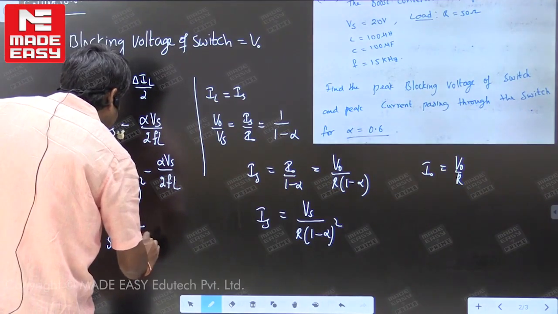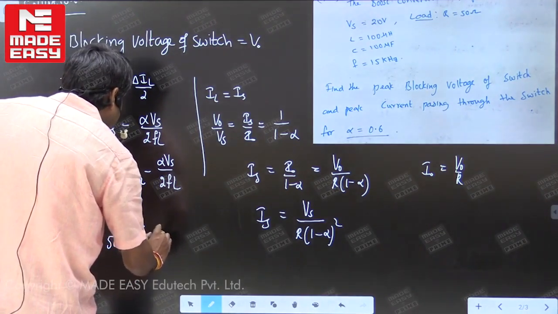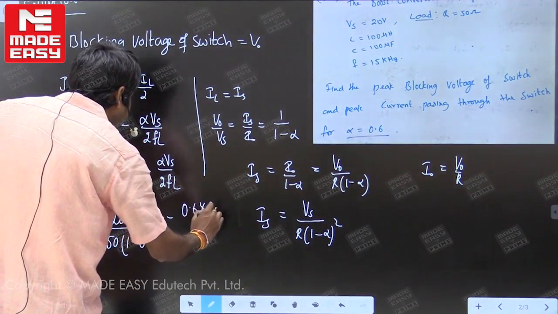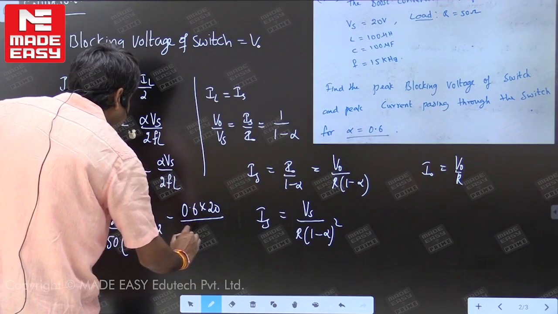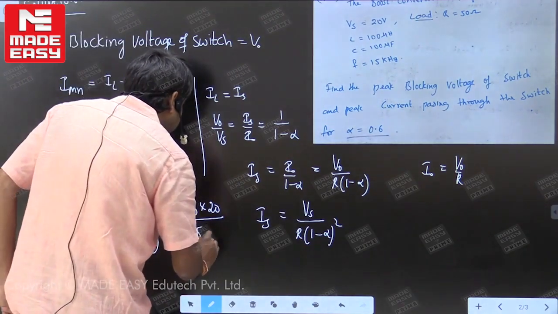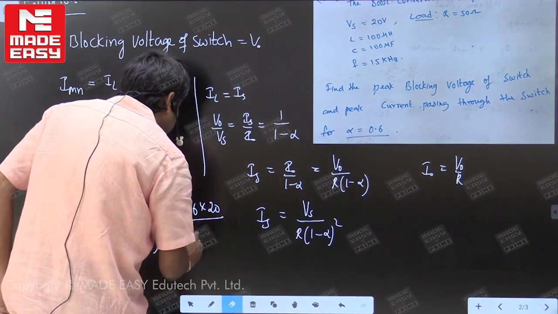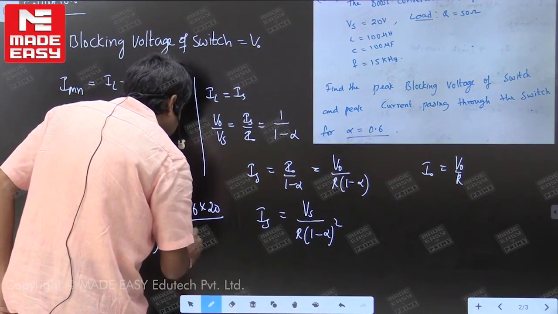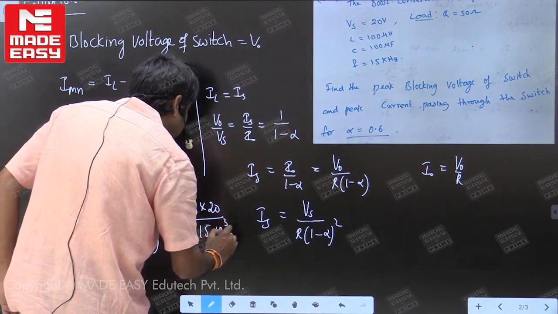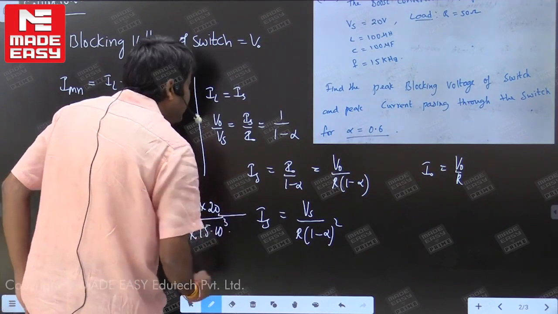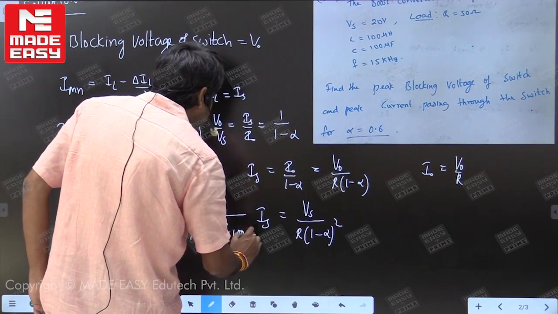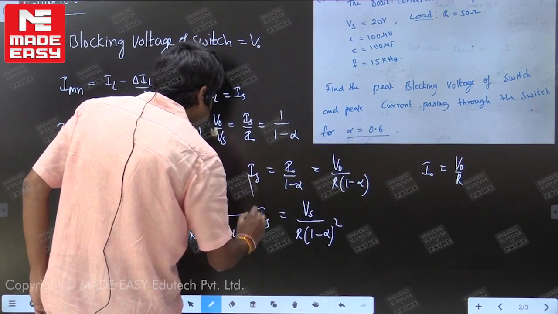So 20 by 50 into 1 minus 0.6 whole square, minus 0.6 into 20 by 2 into frequency 15 kilohertz into the value of inductor, 100 micro, so 100 into 10 power minus 6.